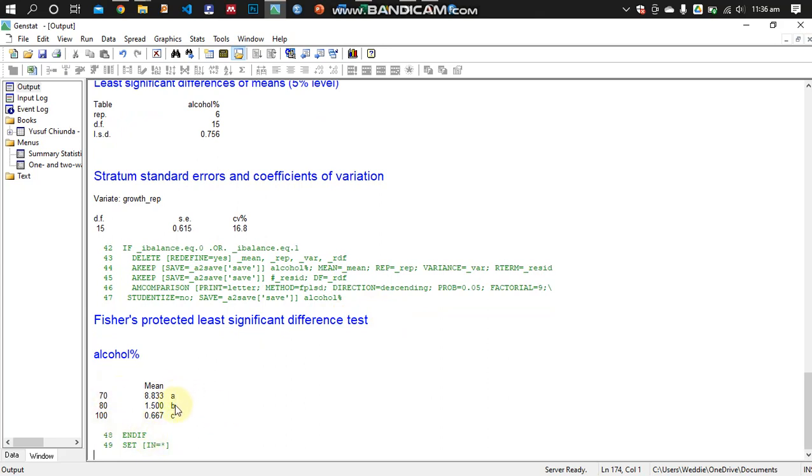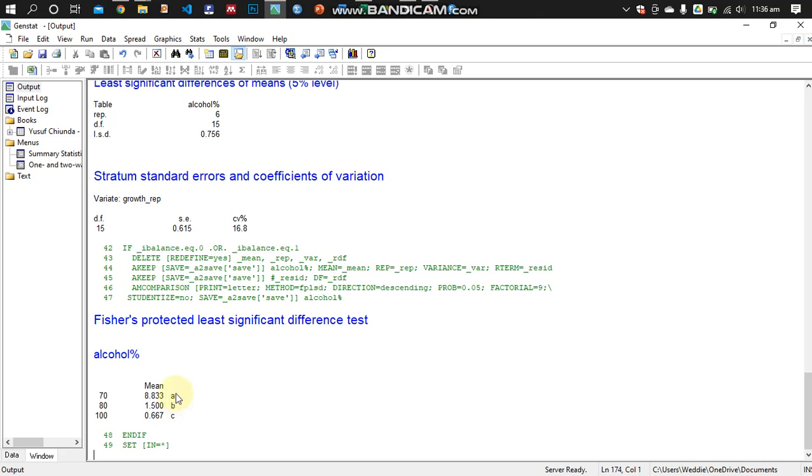The means are different when the difference between the means is greater than the least significant difference. If you had a 2 here, 2 minus 1.5 is less than this, which means the means will not be separated; they will have the same letter.